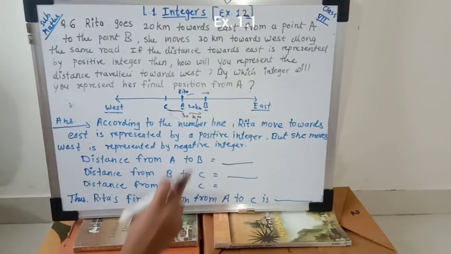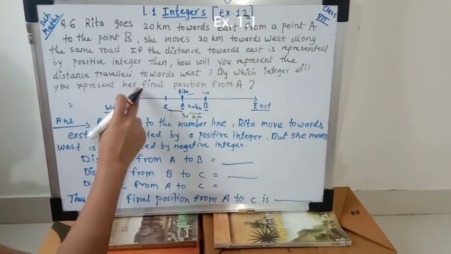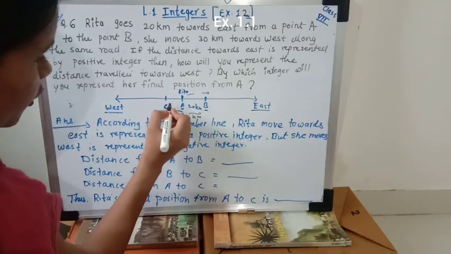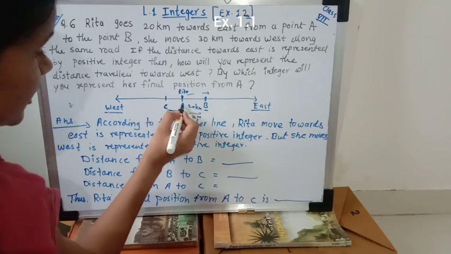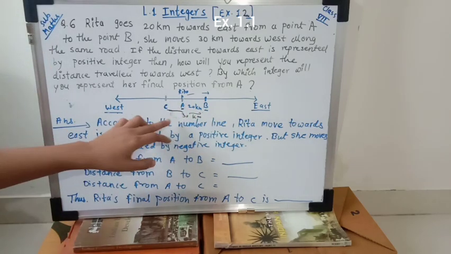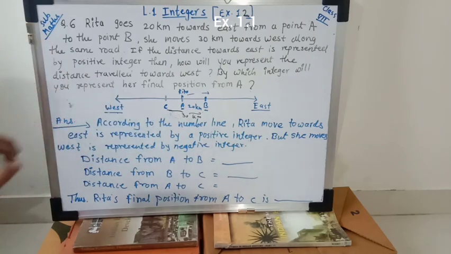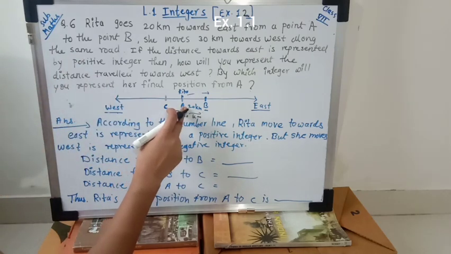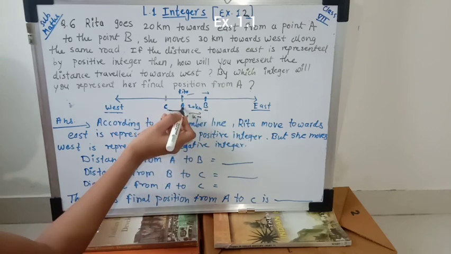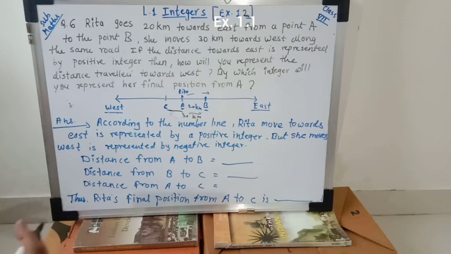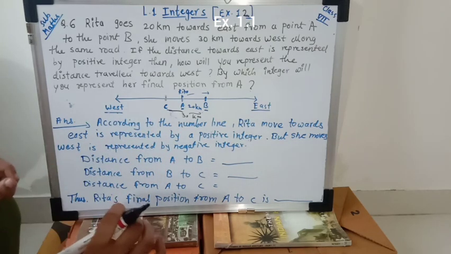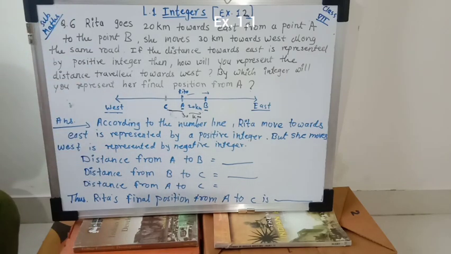Now they are saying, by which integer will you represent her final position from A? Here we have to find out the distance from A to C. So we have to subtract the A to B distance from the B to C distance to get the distance from A to C. I hope you are understanding what I am saying. This is very easy, but they have shown it in a very tricky way.